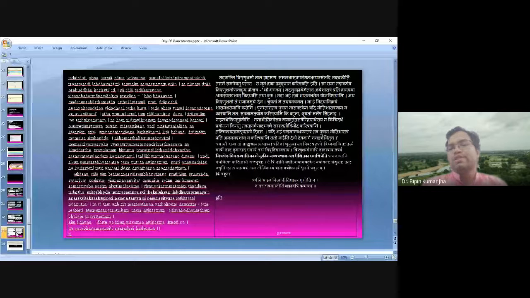So he is saying that he is Sakala Shastra Parangata, an expert in all types of texts. Chhatra Sansadi Labdha Kirte: he is famous in the parliament of students.